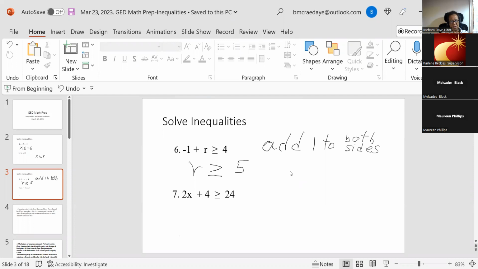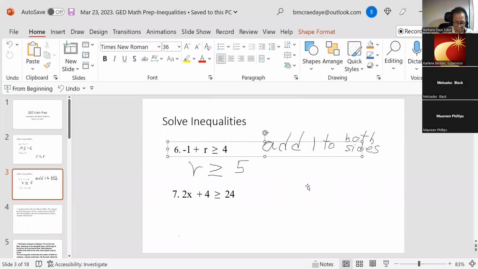Oh, Miss Barbara, can you put a plus beside the 4? I want to take something away. Okay, you want me to put a plus here. I just want you to see what's in my mind. So I'm going to do the addition on both sides.